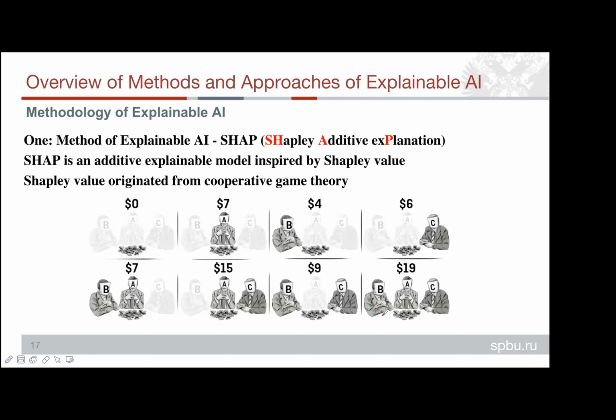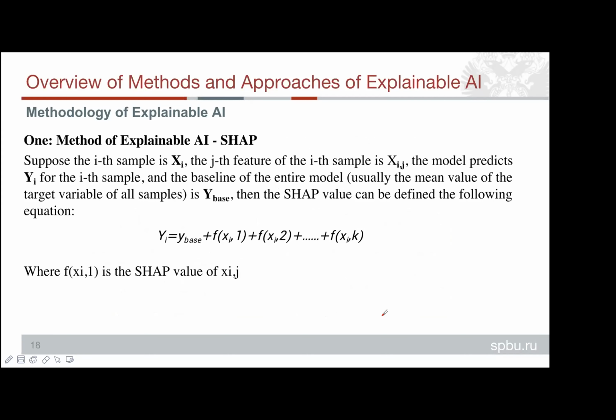For each prediction sample, the model produces a prediction value, and the SHAP value is the value assigned to each feature in the sample. Let's suppose the ith sample is xi, the jth feature of the ith sample is xij. The model predicts yi for the ith sample, and the baseline of the entire model is y base.